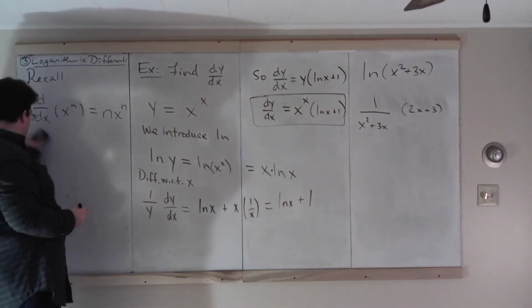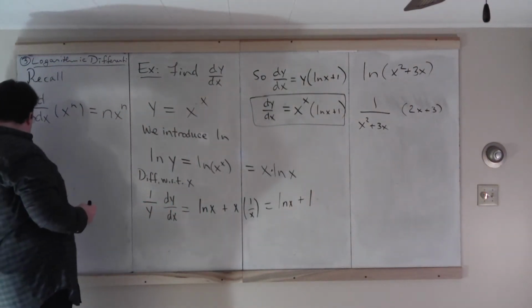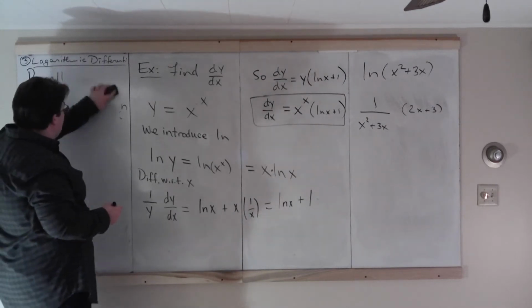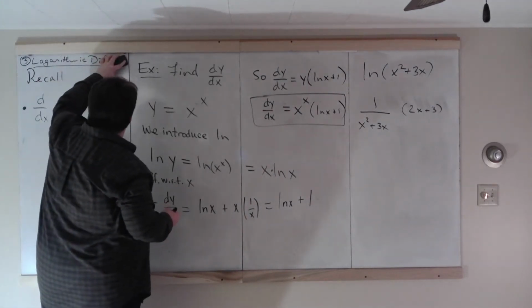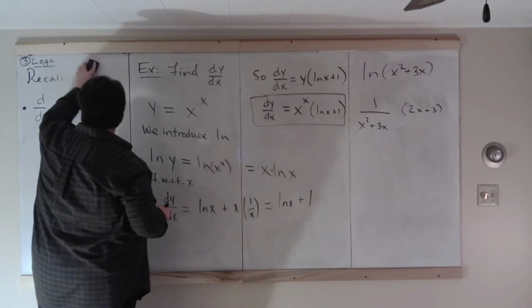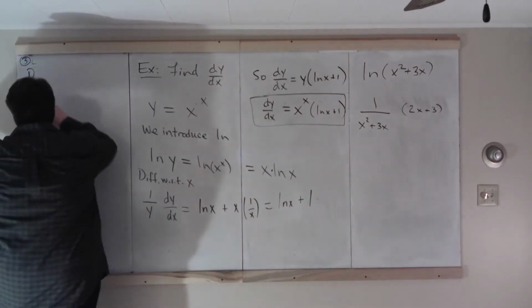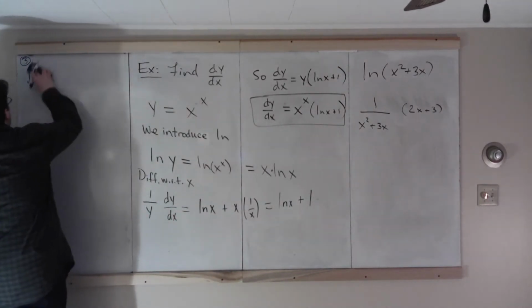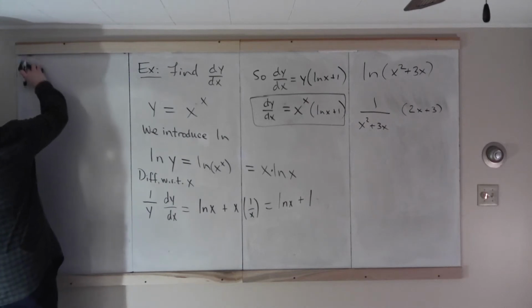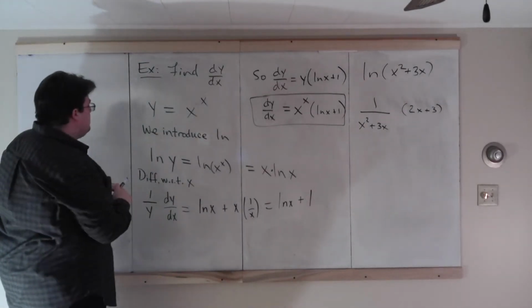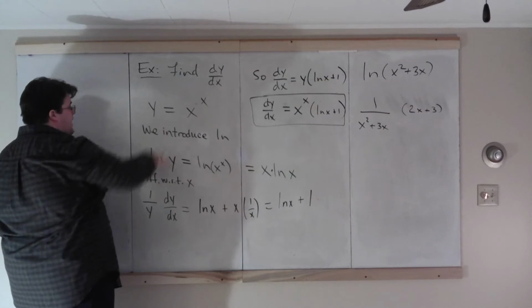So we had an x in the base, we had an x in the exponent, and to handle that, we threw a logarithm on everything.